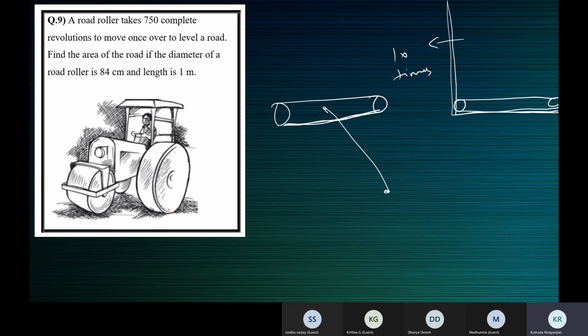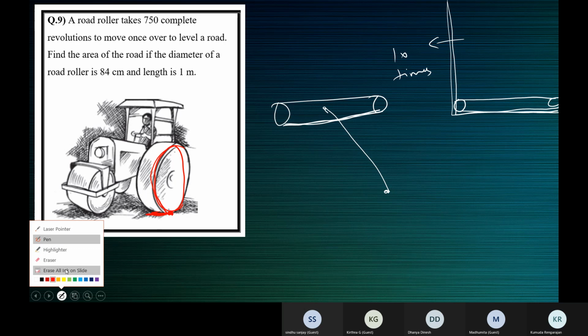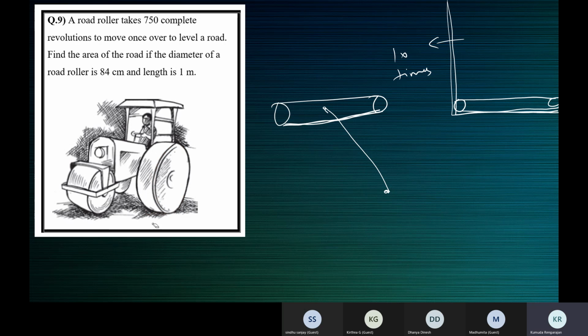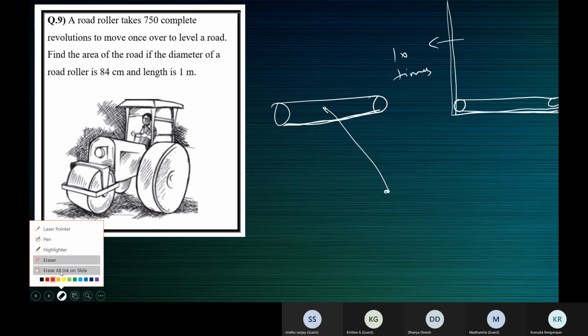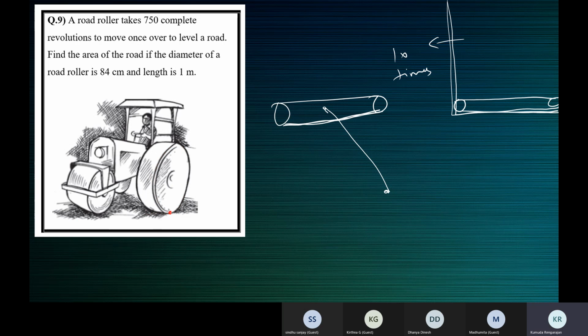If it rolls, makes one complete circle and comes back to the same position, it's one revolution.